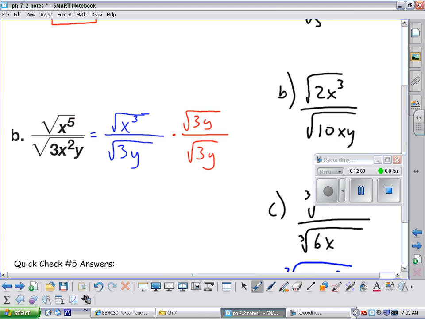So now I get grand total on the top, square root sign is still okay, 3x to the third y over 3y. Notice the 3's and the y's. One's under a square root sign and one is not in the denominator. So I cannot simplify this top to bottom here or here, because one is, if you will, locked under a square root sign.